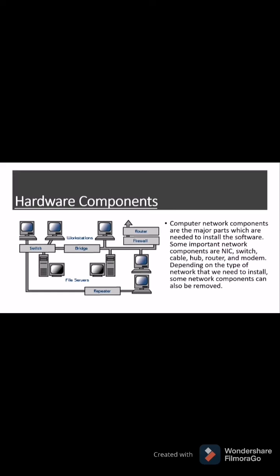So, hardware components. Computer network components are the major parts needed to install the software. Some important network components are a NIC, switches, cable, hub, router, and modem, depending on the type of network that we need to install. Some network components can also be removed.